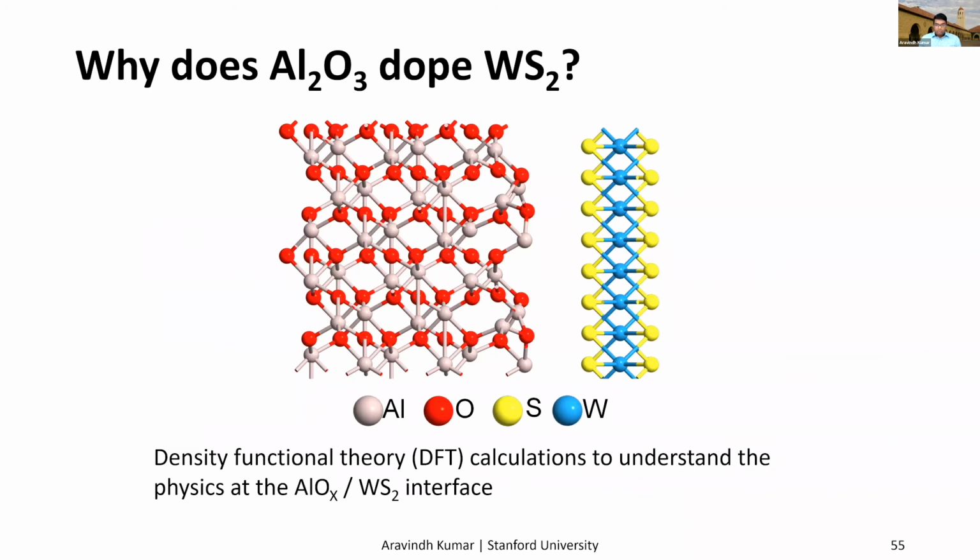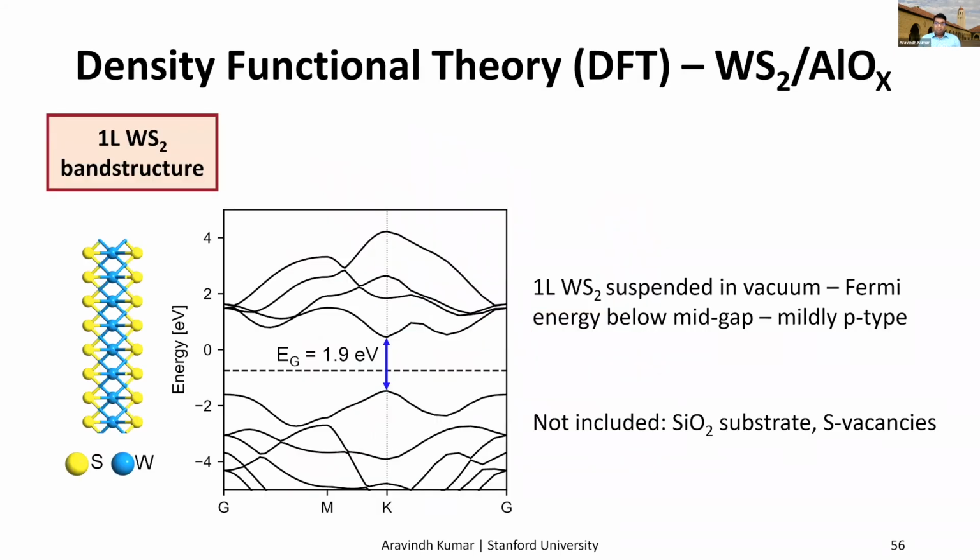So to further understand the atomistic origins of the doping and why it is happening here, we look at atomically constructing these structures and doing some DFT calculations to see what's going on. As a first step, we calculate the band structure of this monolayer WS2, and it shows a Fermi level slightly below mid-gap, so it's mildly p-type.